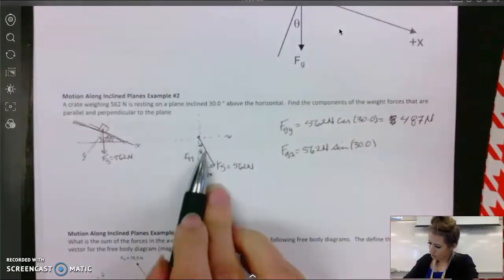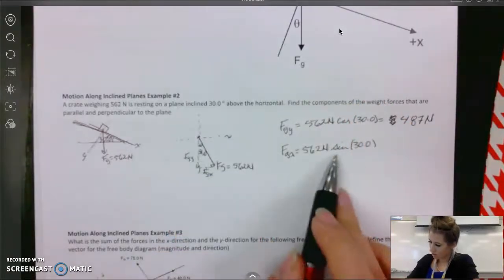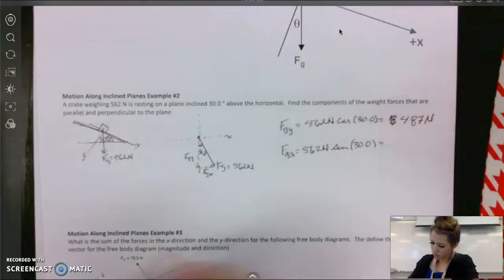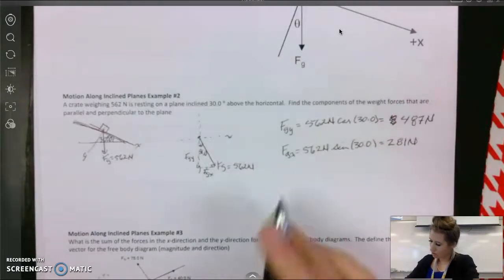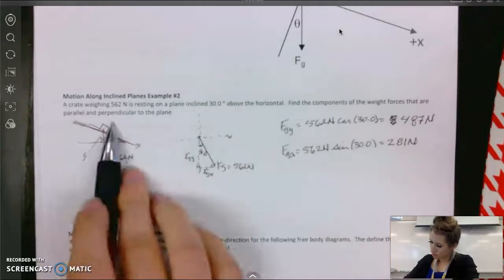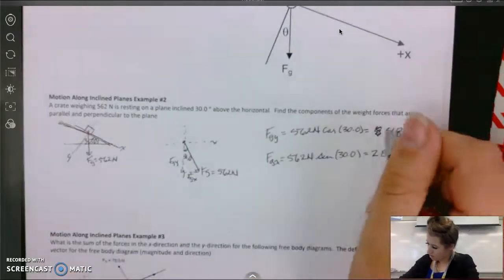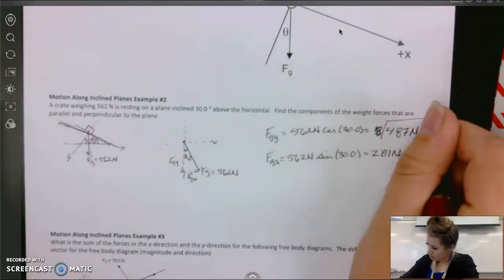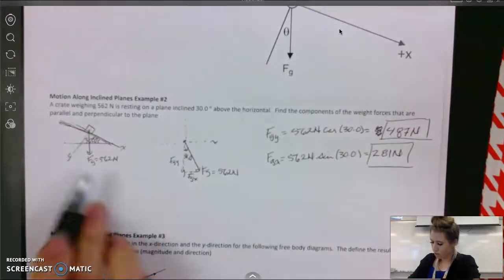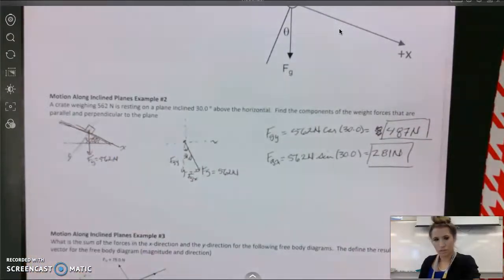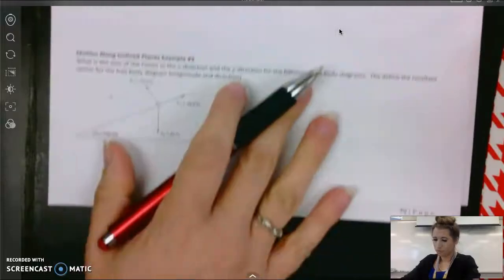Okay, because it's opposite, that's why we're choosing sine 30. 281 newtons. Okay, that's it. That is the perpendicular and parallel components of gravity to the incline, to the plane.